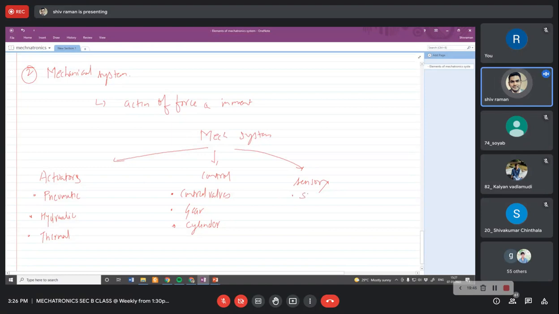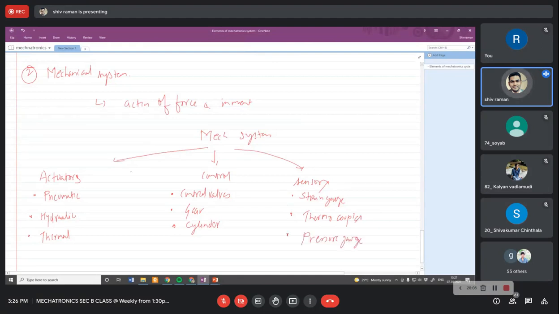In terms of sensors, in order to measure force, you deal with gauges, that is, the strain gauge. In order to measure temperature, in a thermal actuator based system, you need thermocouples. And in order to test pressure, you need pressure gauges.